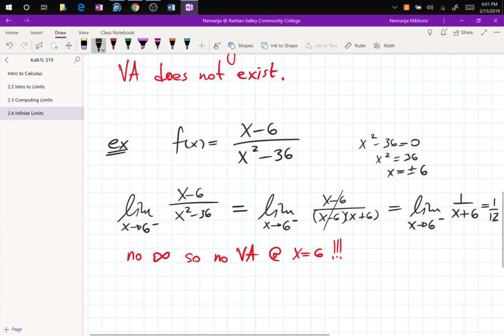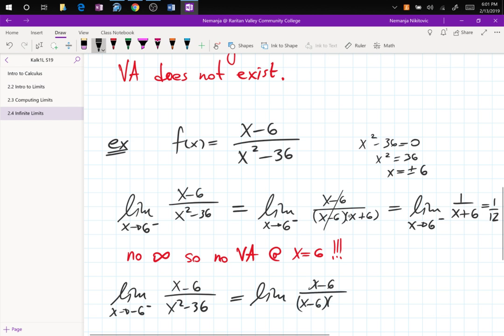Let's check the other value. So limit x approaches negative 6, left or right, doesn't matter, of x minus 6 over x squared minus 36. Same calculation steps, right? We'll factor because we get 0 divided by 0.